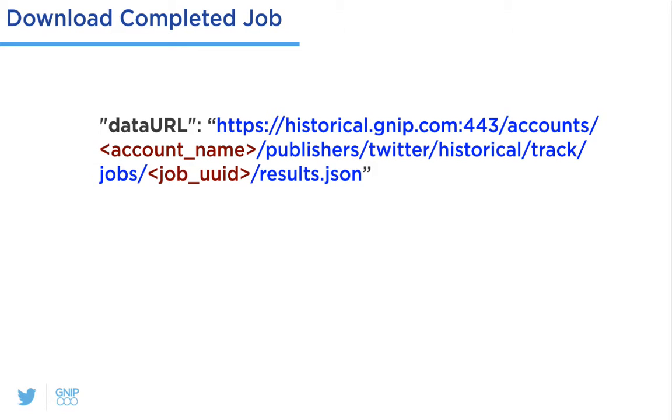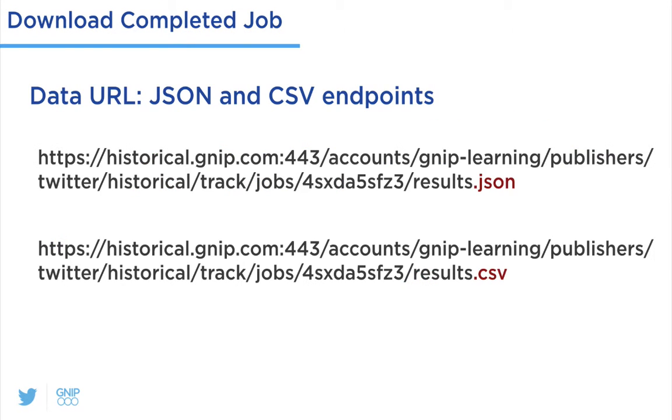Note that we have a separate video dedicated to automating the download process, where we demonstrate a variety of tools to do so. So the file list provided by the data URL is available in two different formats. One format is the JSON format, where you'll find essentially a JSON array of download links, and there's also a CSV version of it as well. And they are delivered through two different endpoints.